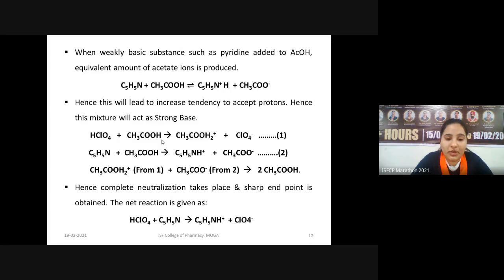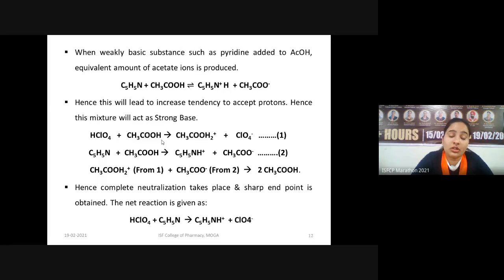perchloric acid reacts with pyridine to form ClO4 negative, that is the ion which we have got from perchloric acid, and the protonated pyridine. So this is the net reaction.